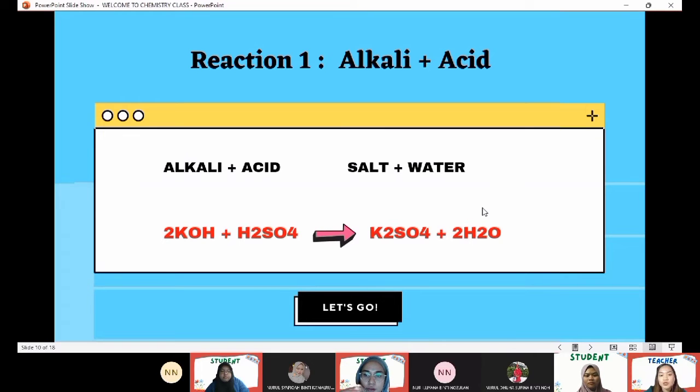First you write the formula for water, and then look at the reactant. The leftover elements you just combine to become your salt, and then you have to balance your chemical equation.